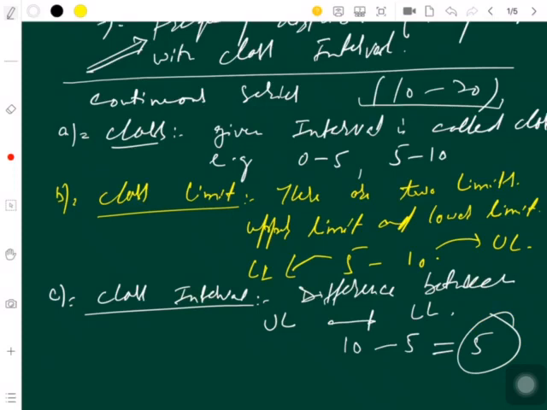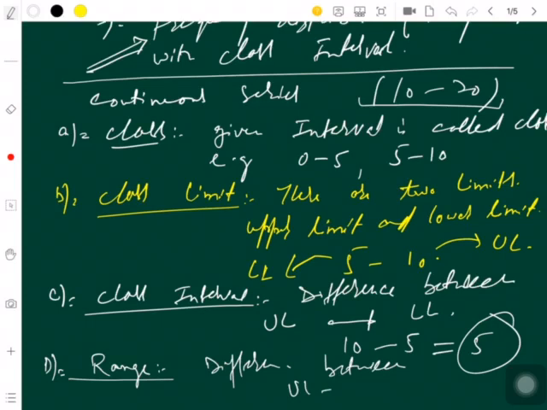One more thing is range. It is almost the same thing. Range is the difference between upper limit and lower limit.